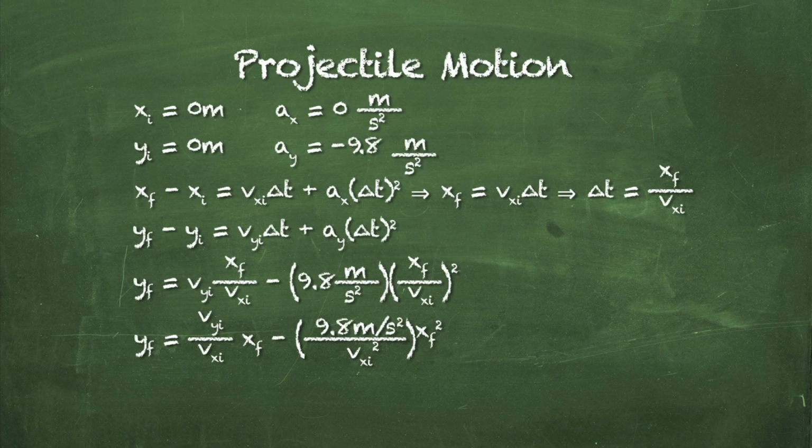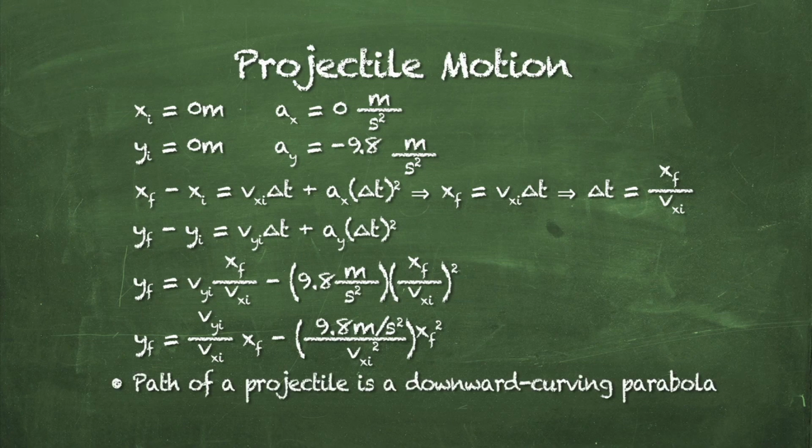So we see that our final y position at any time depends on our x final and x final squared, or in other words, the path that the projectile follows is a parabola.